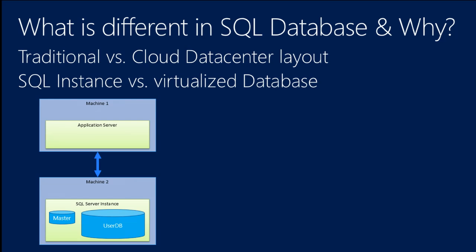If you look at the traditional side of things, well, you buy big machines that have lots of capacity, right? You have probably one machine for your application server that connects to a second machine where your database runs. And as I said, you scale it up, right? You have, I don't know, 50, 60 cores, run it there. Your databases are co-located, right?